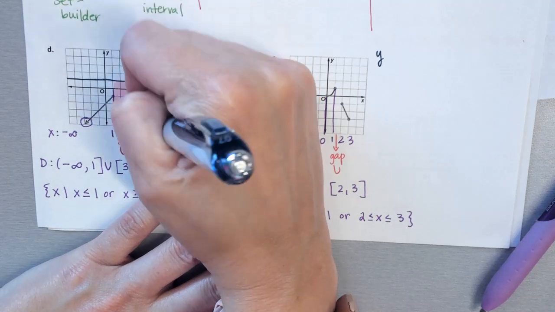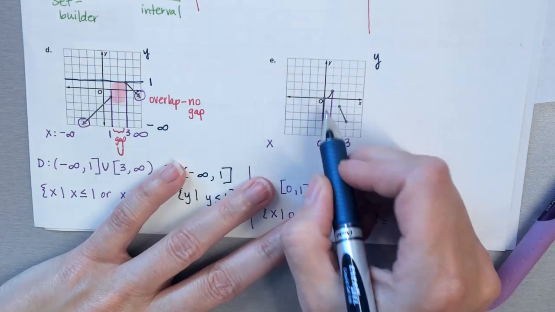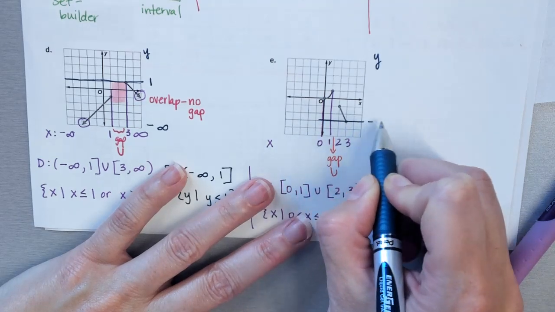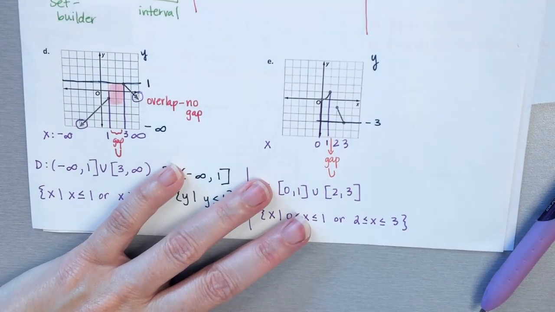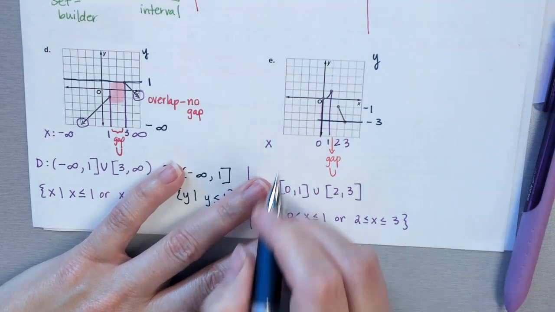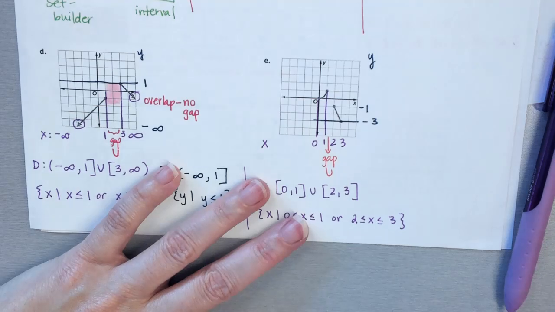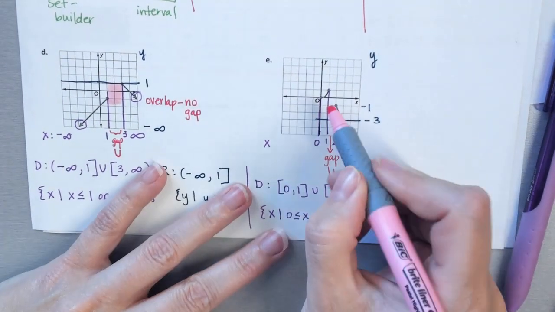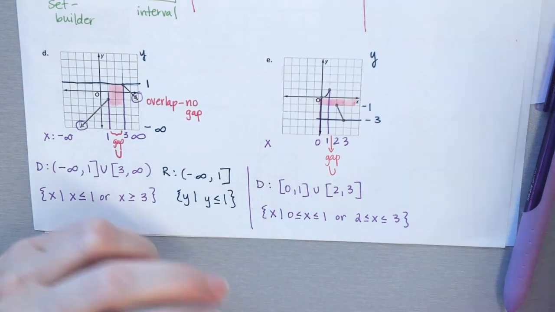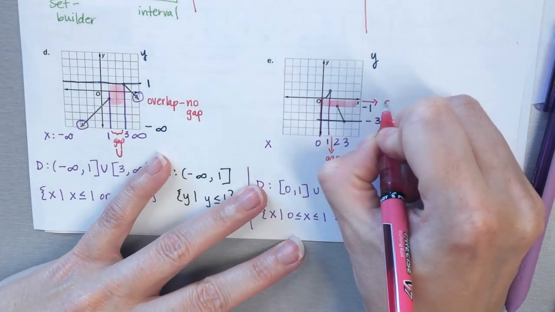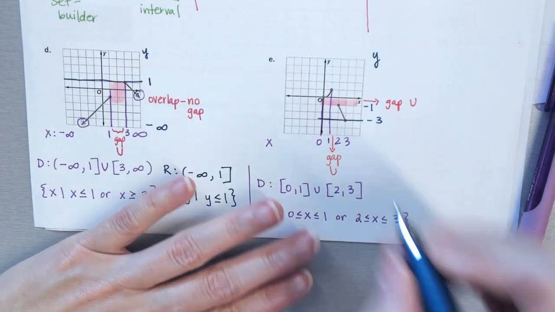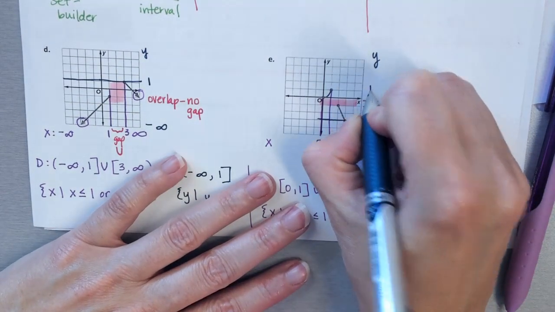I like to put my y's on this side, my x's here. So my lowest y value is at 1, 2, -3. Okay, and then that goes up to -1. Do you have a gap in here? Yep, you do. You have a gap this way. So there is going to be a union. And then it picks back up at 0 and goes to 1.